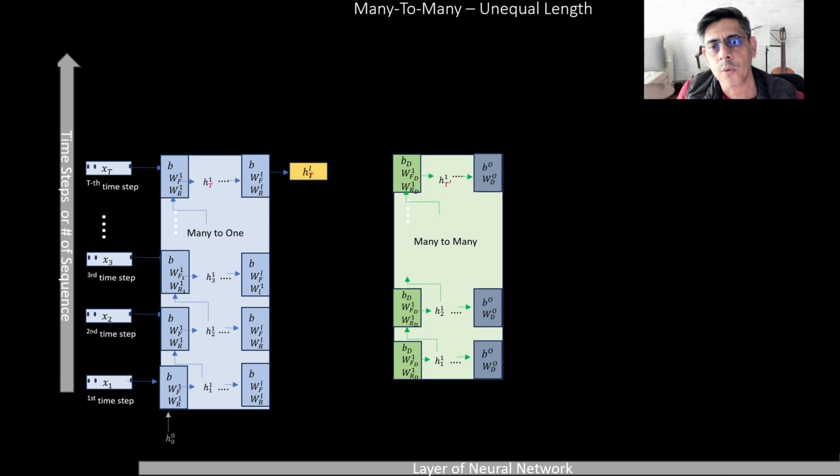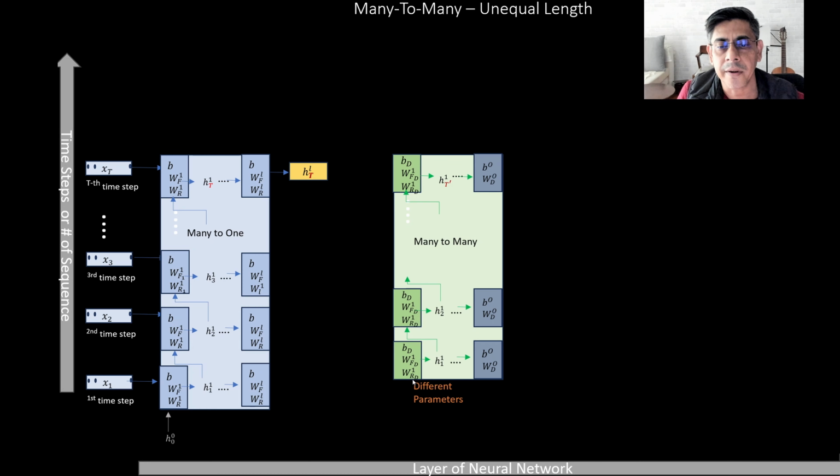Now we create one many to many network, and there the parameters are different. In the earlier network the parameters are shared, obviously within the network only. Here we are creating a different network, therefore the parameters are different, which you can see indicated by a D, because this is also called the decoder.